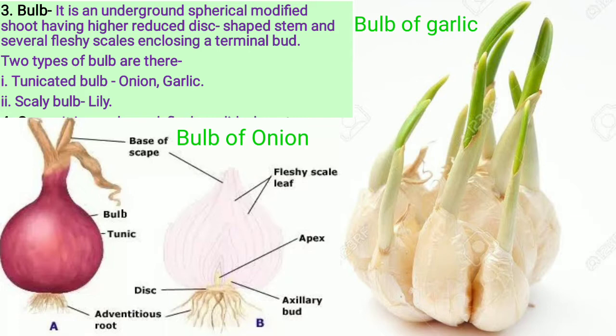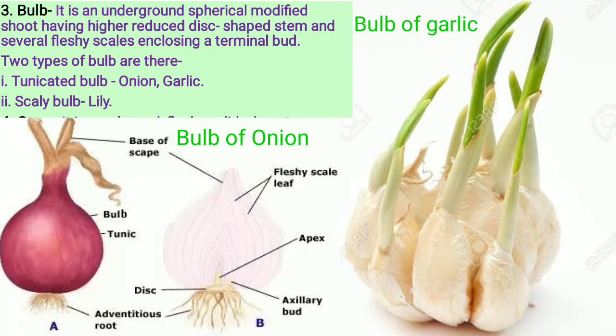Mainly, bulbs do not store much reserve food material, but they bear fibrous adventitious roots at the base. And these bulbs generally perennate, or pass through the unfavorable condition, and vegetatively propagate the plant body in all these three examples.